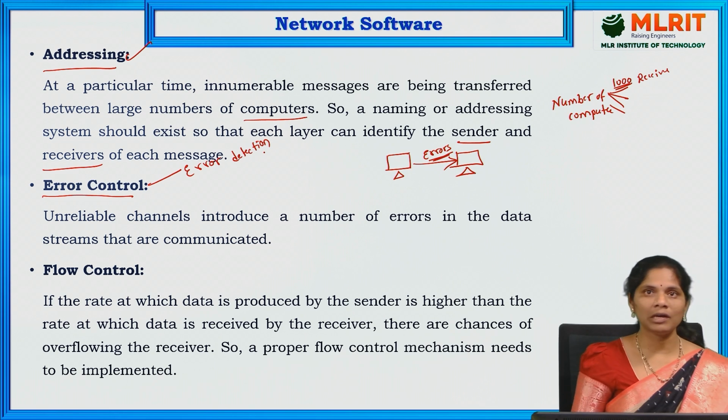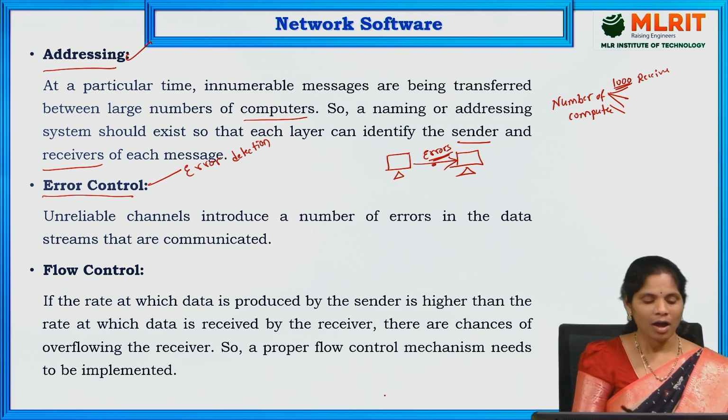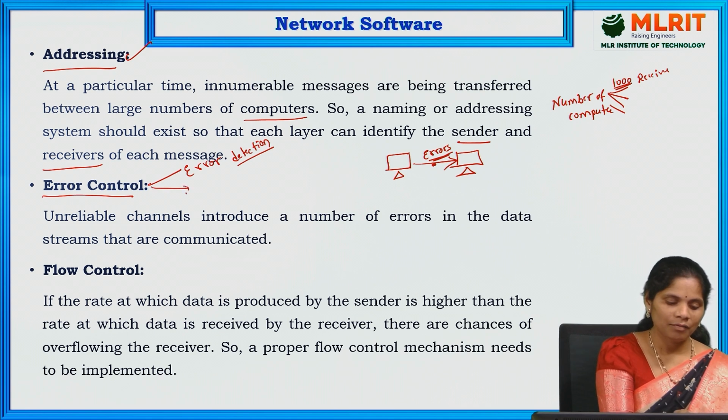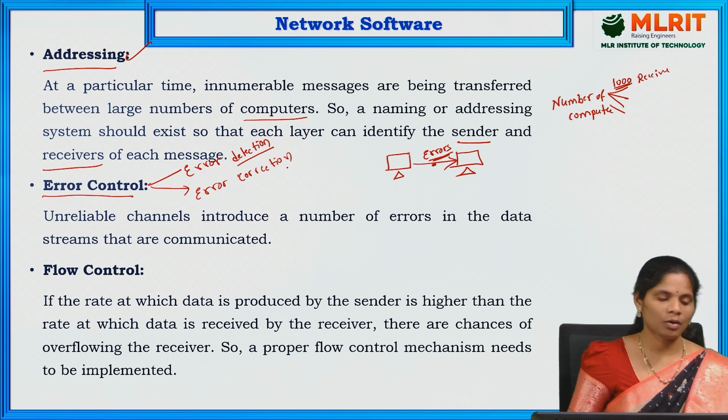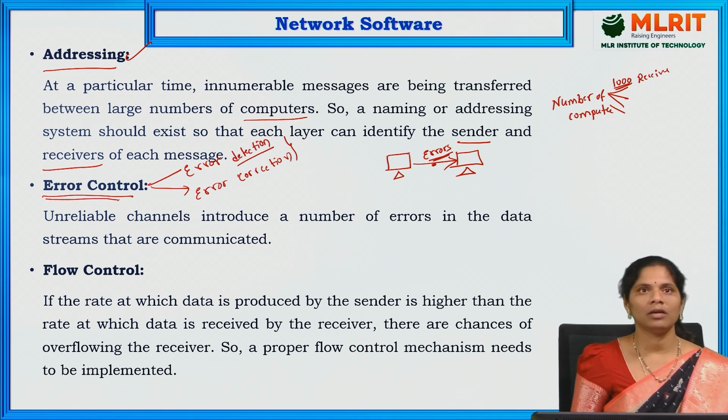After detecting where exactly the error is in that particular channel, we have to correct those errors. That is nothing but error correction. These two come under error control. We will discuss these in upcoming lectures. That is also one of the design issues in network software.